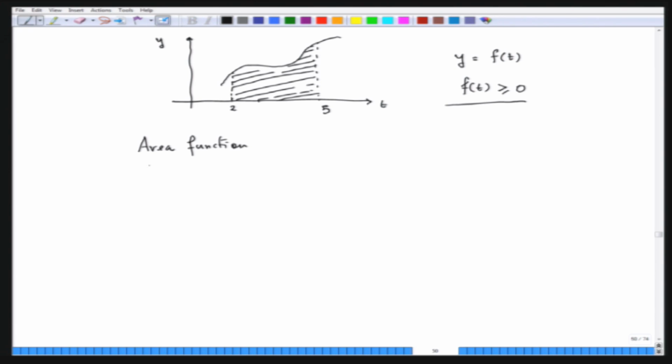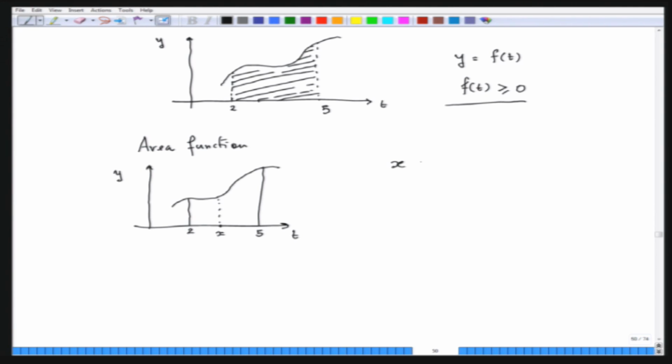So, let us again look into this function f, which I have drawn, with t and f of t, t and y. And this is 5. What I do is take some point x lying between 2 and 5.